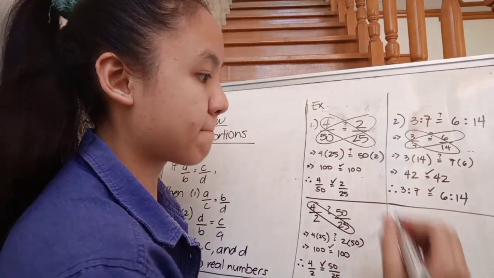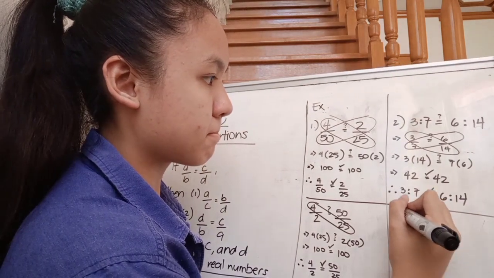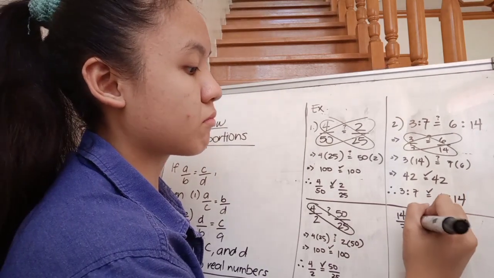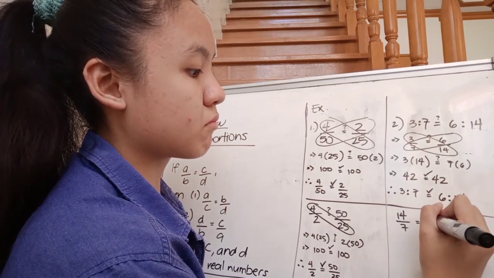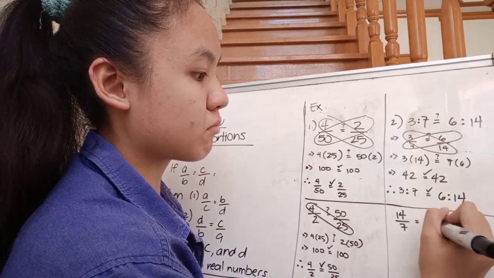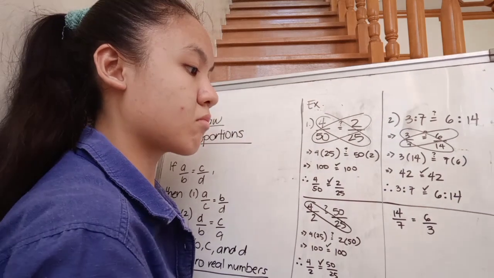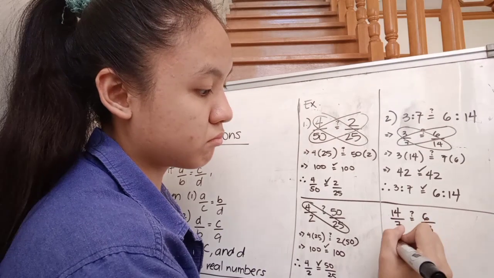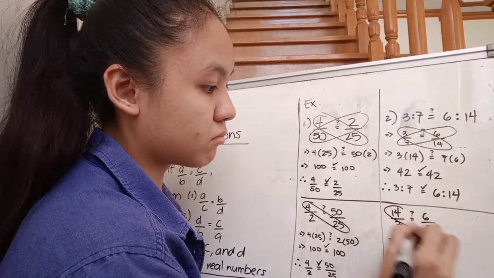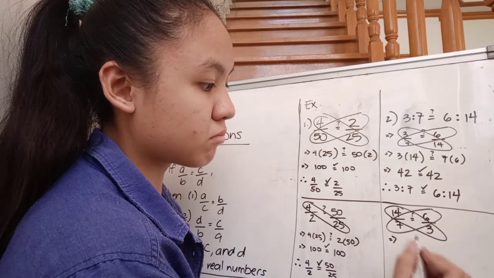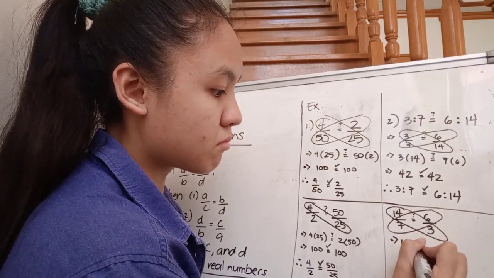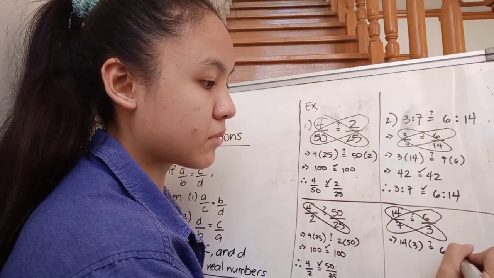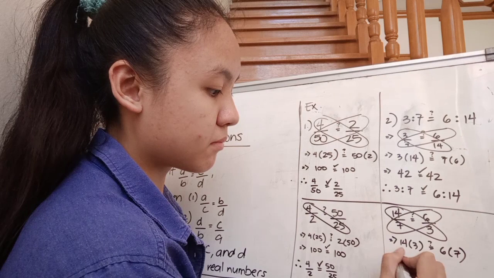But what if we use the second law of proportions? 14 over 7 is equal to 6 over 3. So this time we switched the extremes. So cross multiply. 14 multiplied to 3 is equal to 6 multiplied to 7.